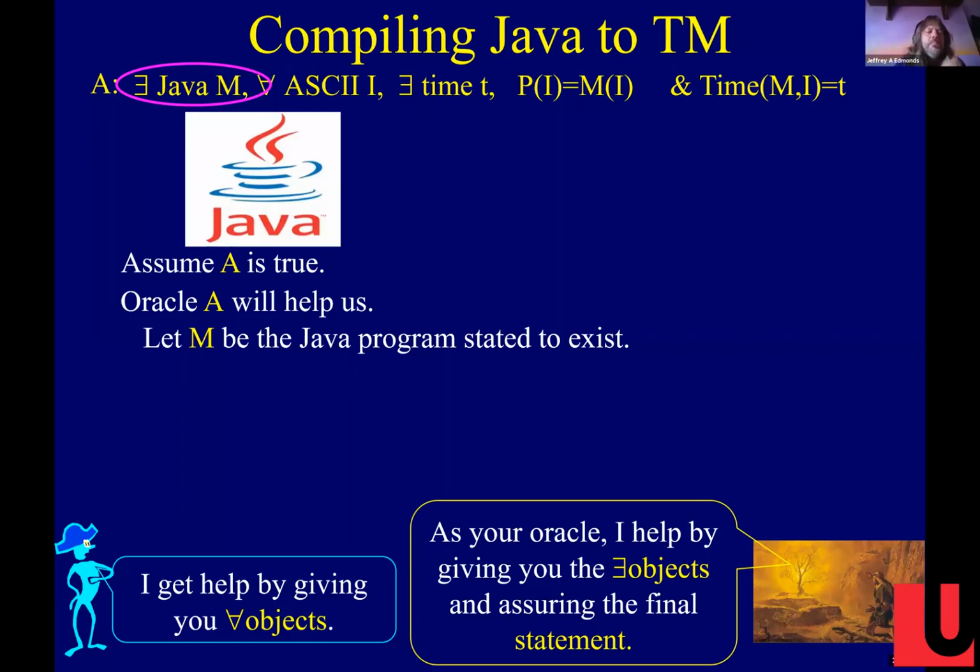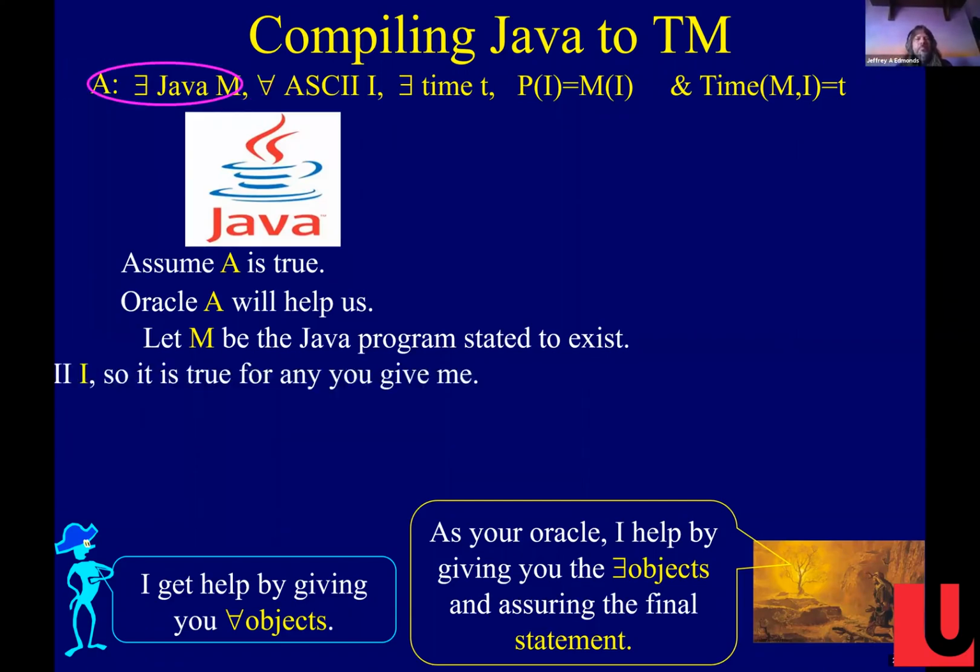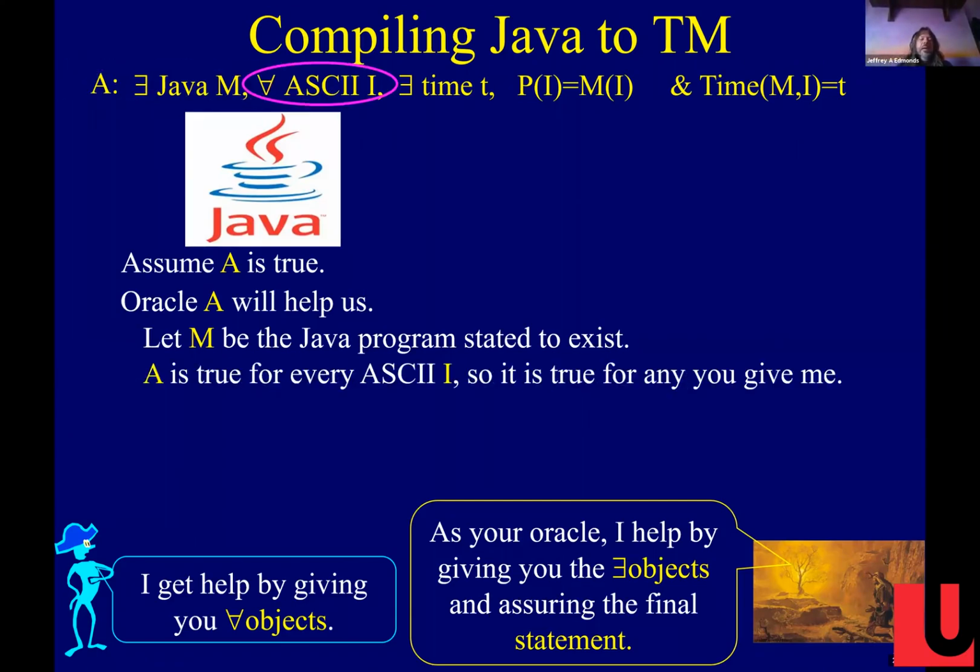Sorry about that. So the oracle is going to start by giving us a Java program, right? Here's a Java program that I claim solves the problem. And then, it's a for all statement, so we get to come up with the input.